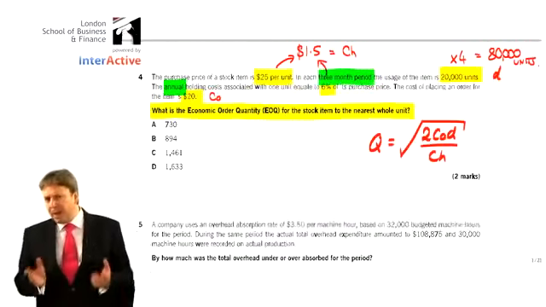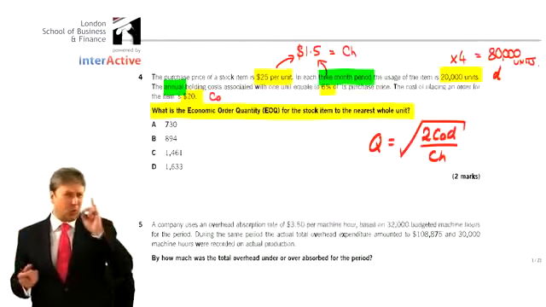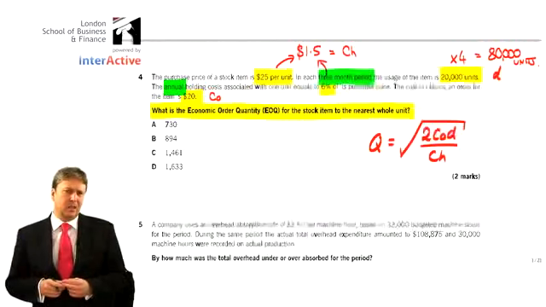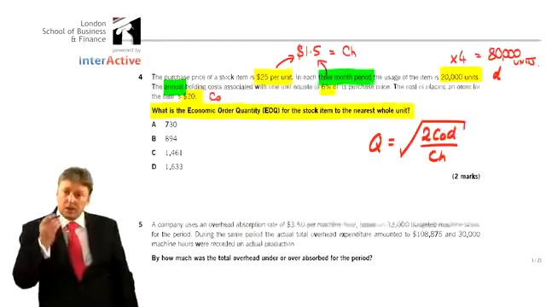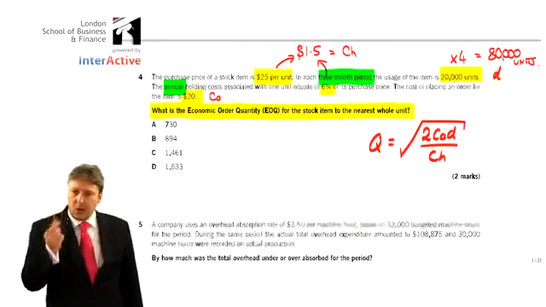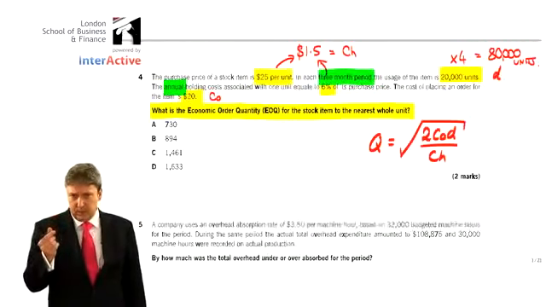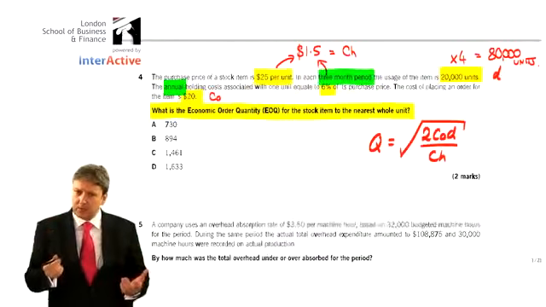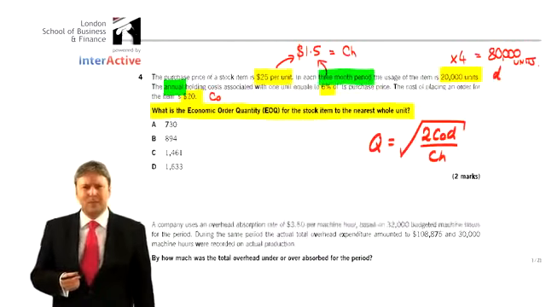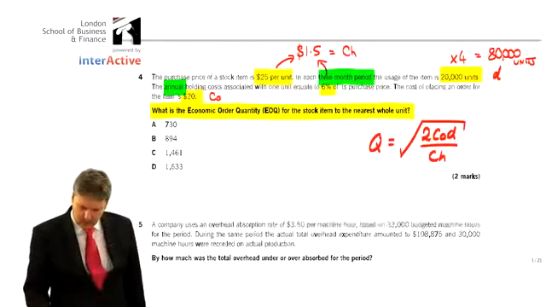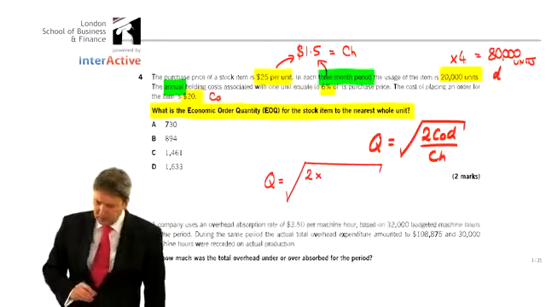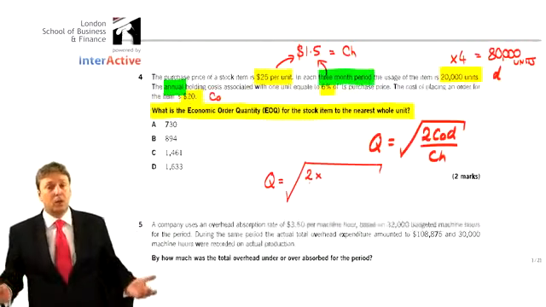So, I've got a bit messy here, but this in essence is what you're going to do in the exam. You're going to read through and you're going to do the answer on the face of the question. And as such, you've got to think it through, and then once you've got the information there, you can then pump it into the formula. Q equals the square root of 2 multiplied by, well, do we have CO, the cost per order?